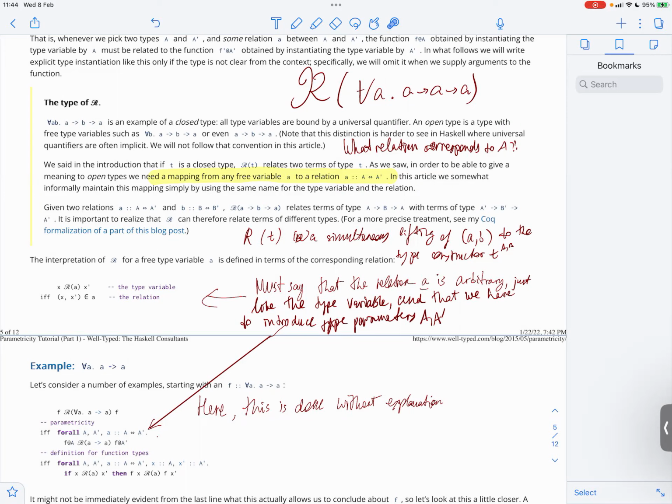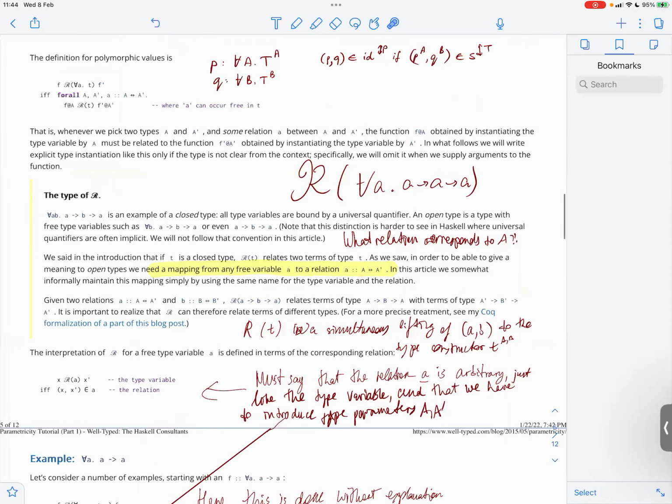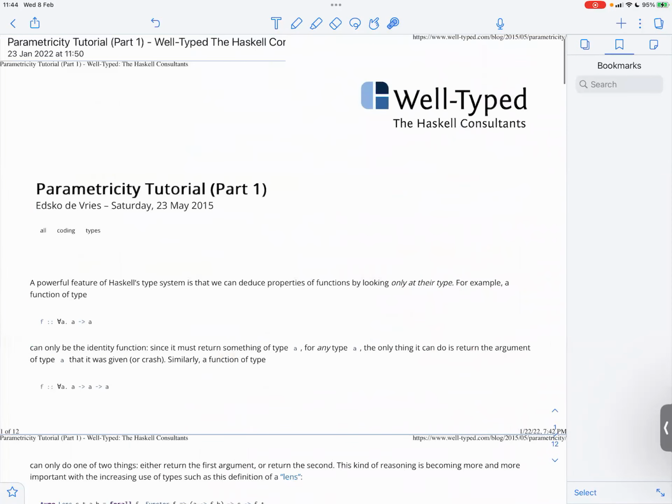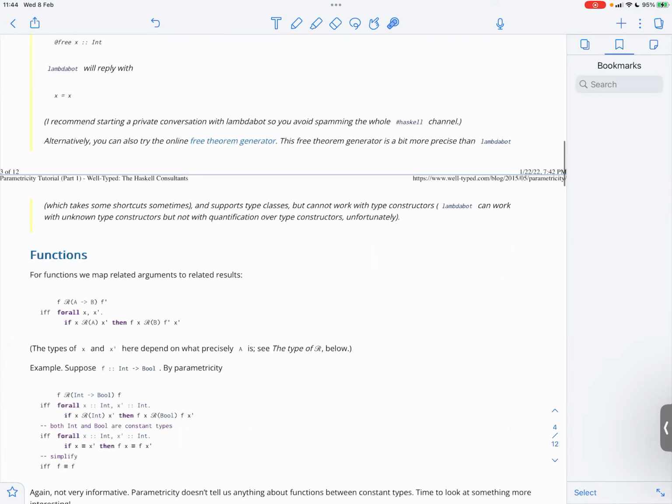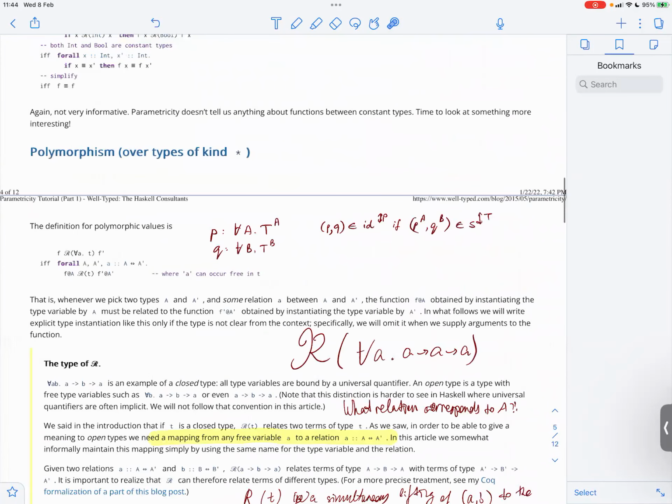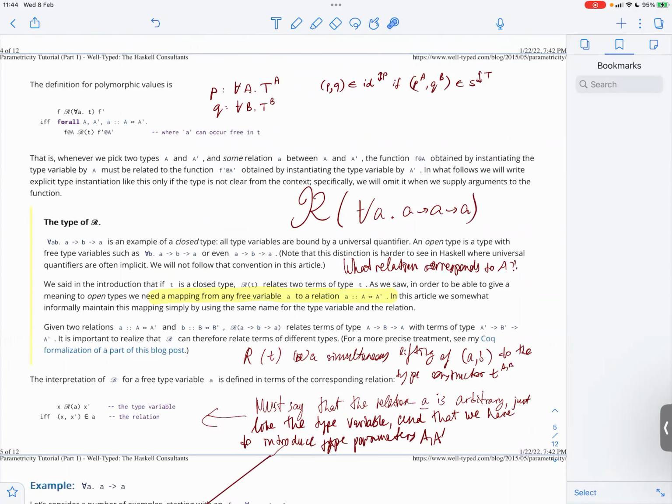It's not explained in this tutorial. Instead, it goes through examples. So I believe this author also went through all the examples in Wadler's paper and just memorized what you have to do step by step, instead of understanding at a higher level and following a guiding principle.